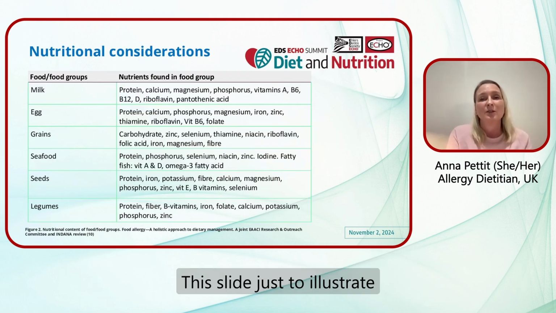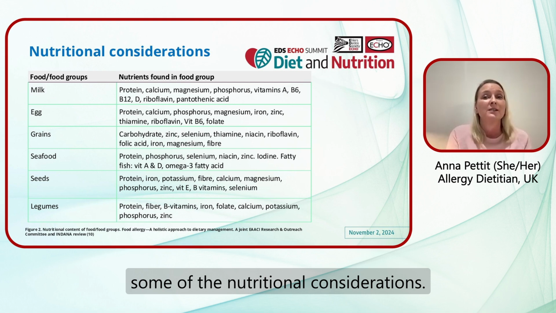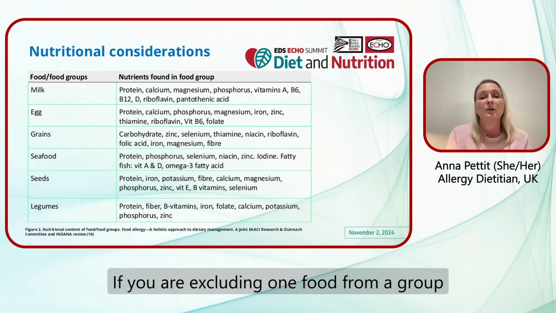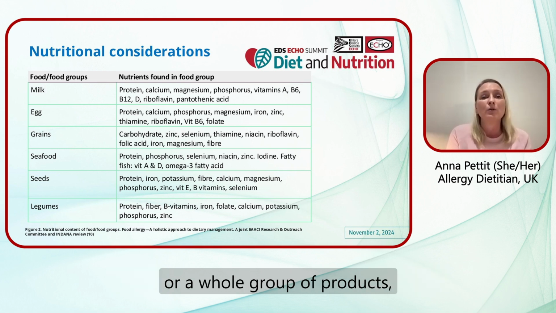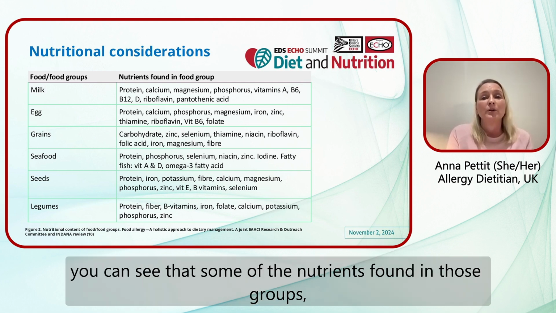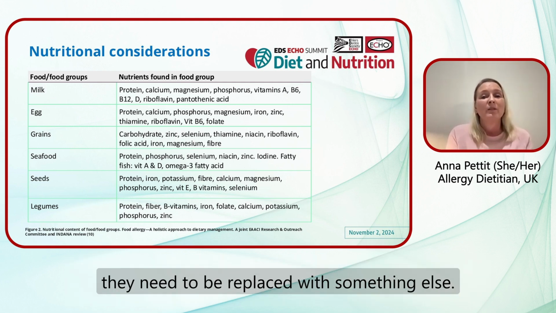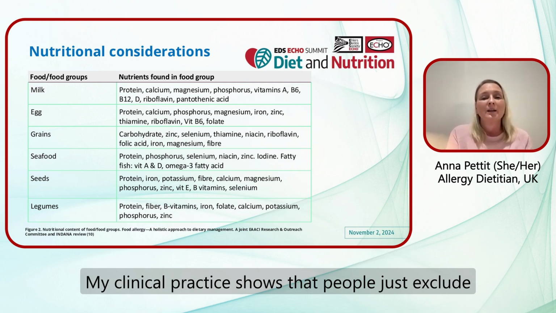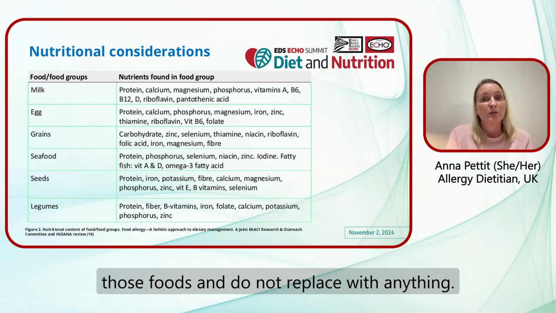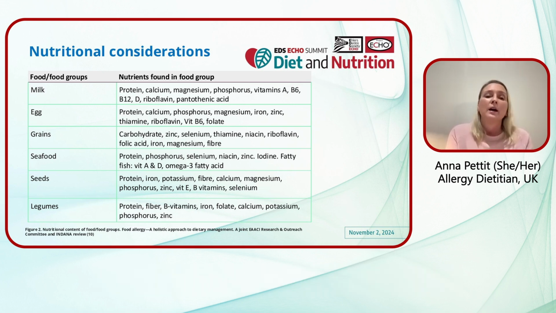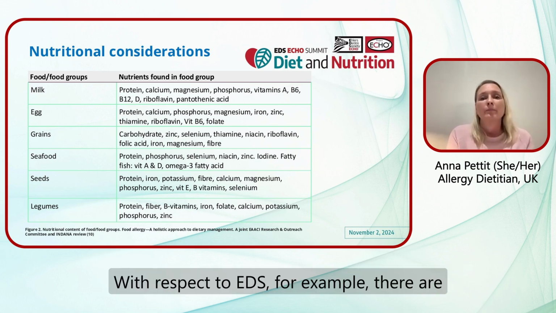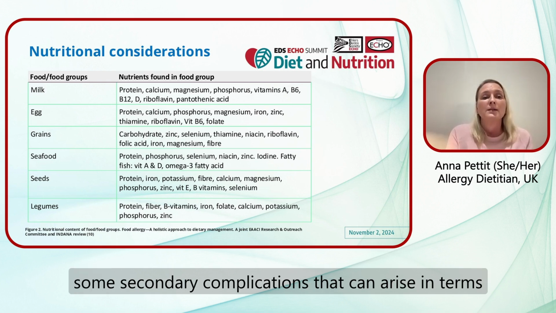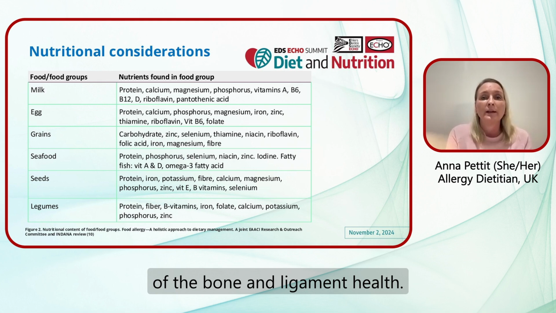So this slide just illustrates some of the nutritional considerations. If you are excluding one food from the group or a whole group of products, you can see that some of the nutrients found in those groups need to be replaced with something else. My clinical practice shows that people just exclude those foods and do not replace them with anything. This is really dangerous. With respect to EDS, for example, there are some secondary complications that can arise in terms of bone and ligament health.